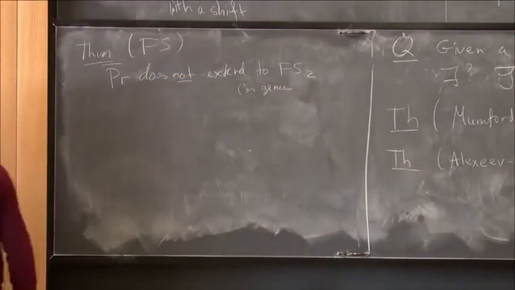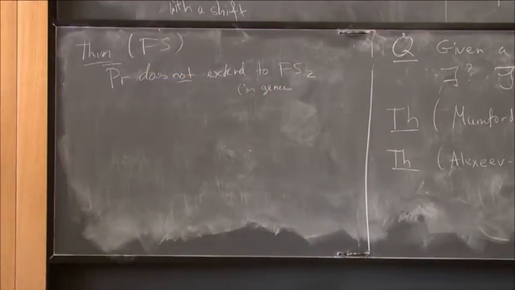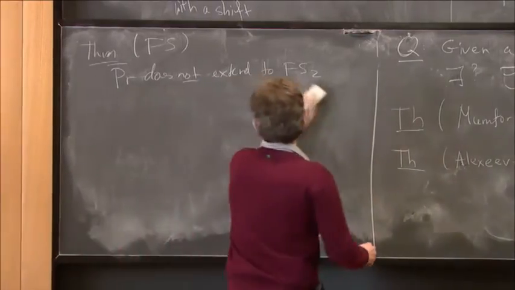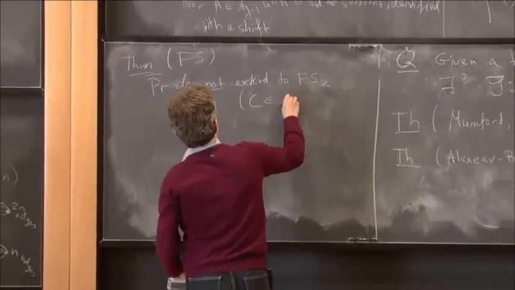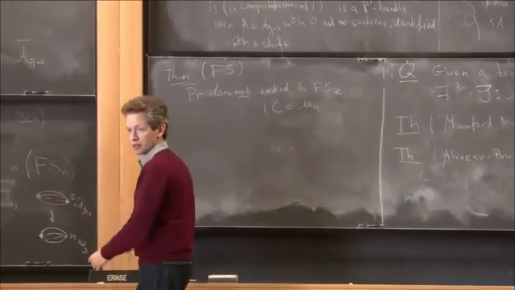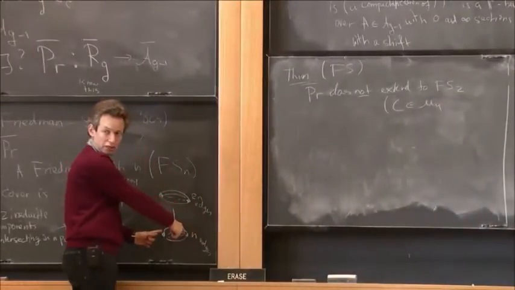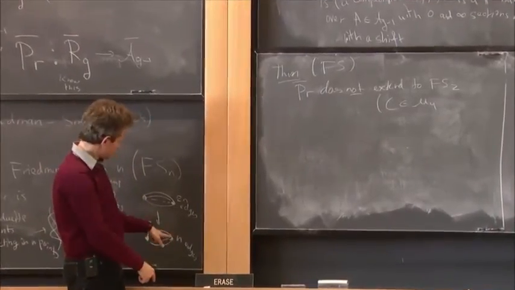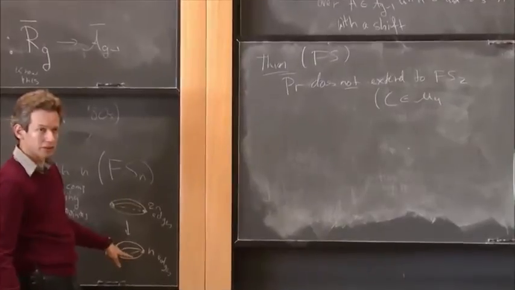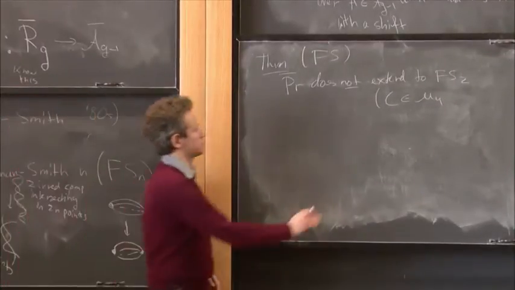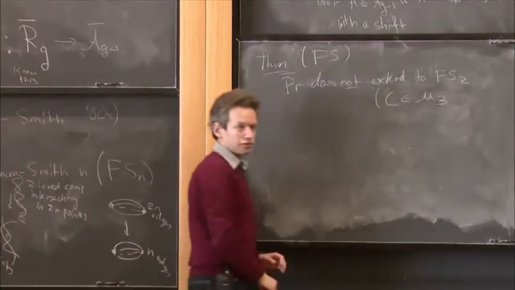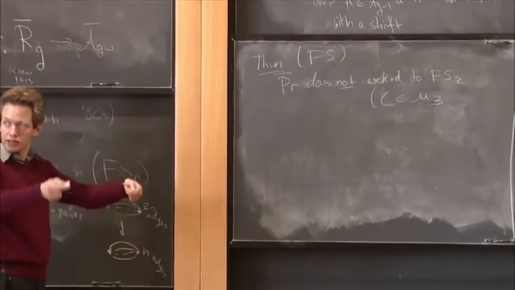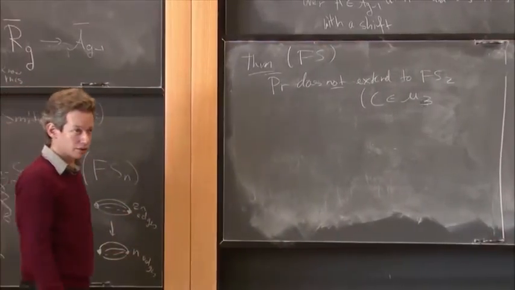Let's check the genus carefully. So FS2 actually means that the curve C will lie in M4, right? Because I take these two guys to be elliptic curves with 2 points, I cannot take them to be rational, it will not be stable. So if they're both elliptic and there are 1, 2, 3, sorry, 3, right? I have two elliptic curves connected by two edges, so the genus is 3.